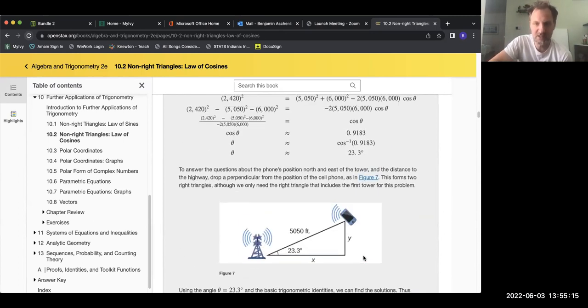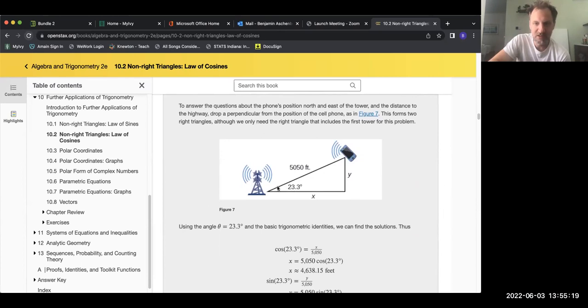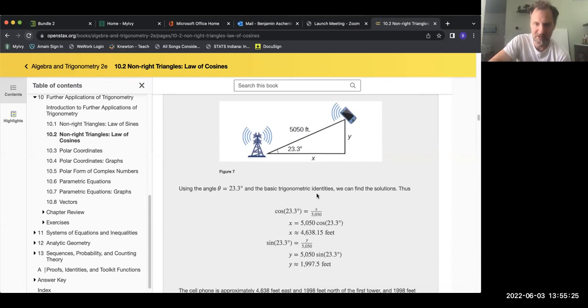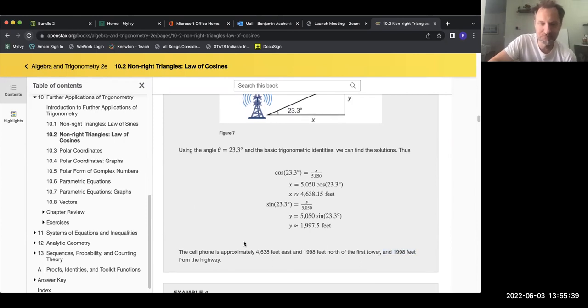So that's nice. And then the 23.3 degrees, they're actually using this triangle instead of redrawing the one that was above it. Shouldn't make any difference. We get the north part as 1997.5, which is what we got, and 4638.15, which is also what we got. And the 1998 is the feet from the highway.